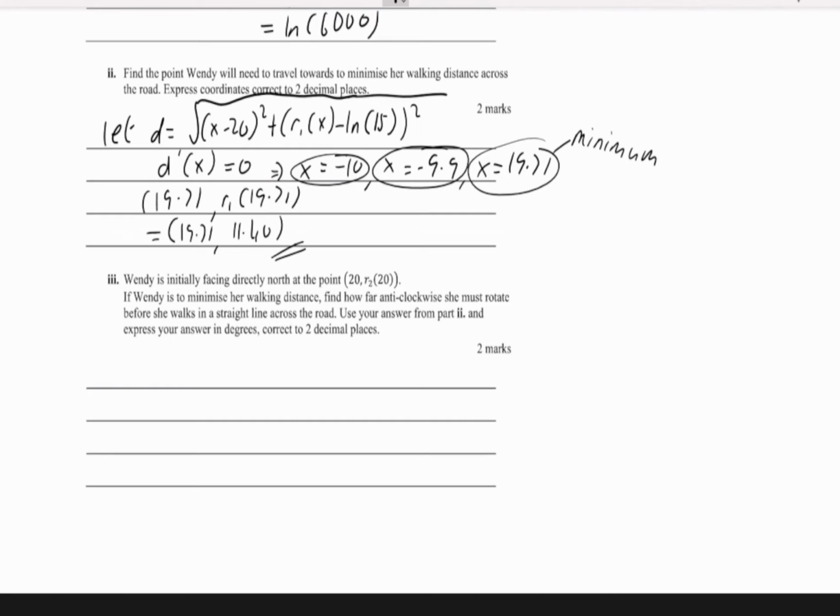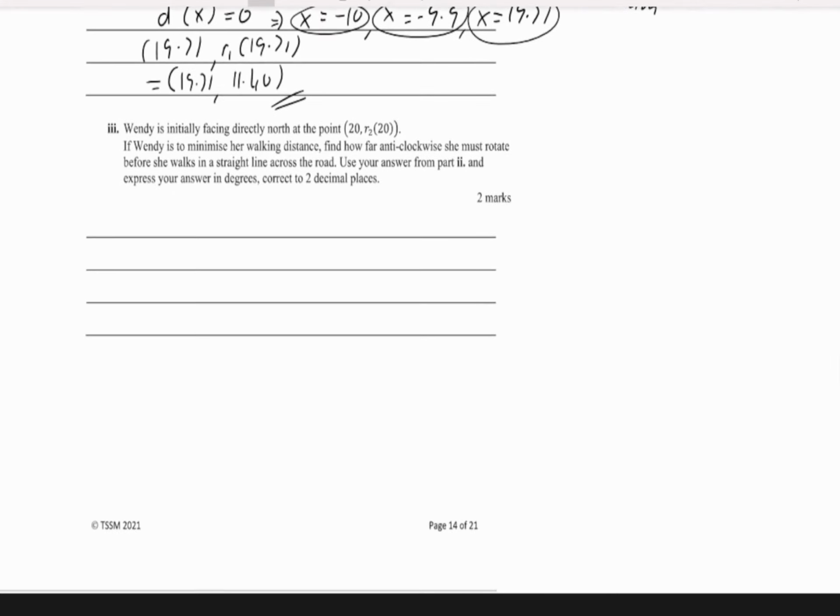All right, so for part I, tan theta equals 11.4 minus R2 theta, and 19.71 minus 20, and then theta equals tan inverse of this big thing over here.